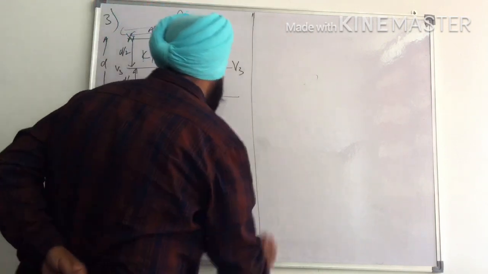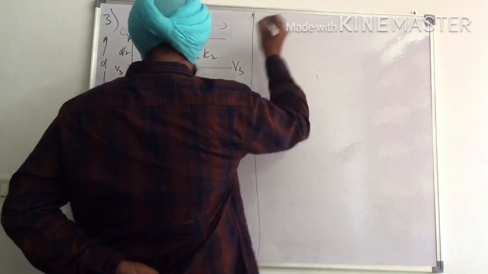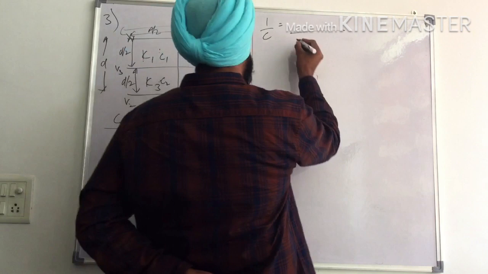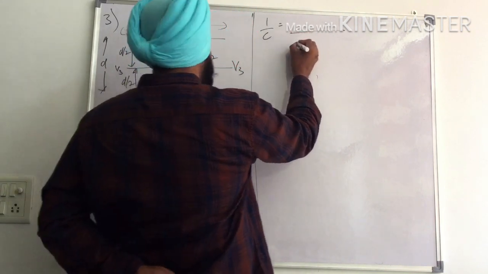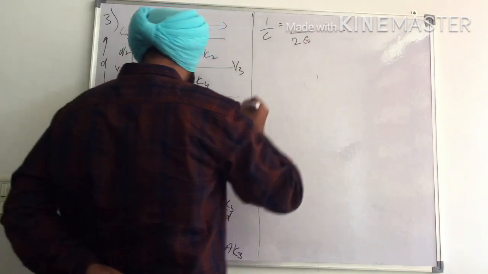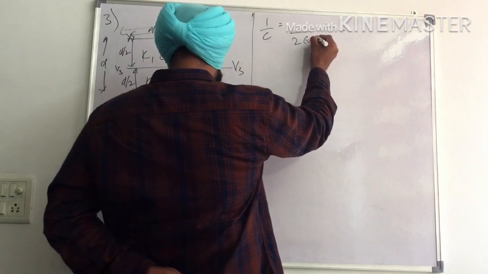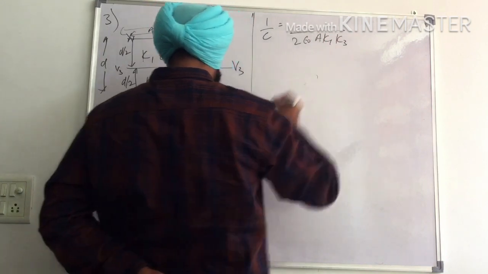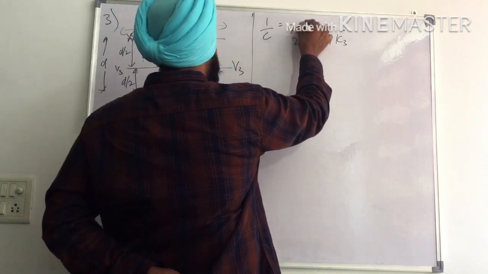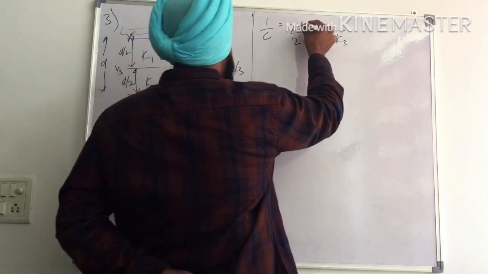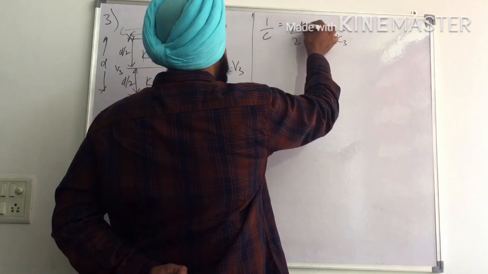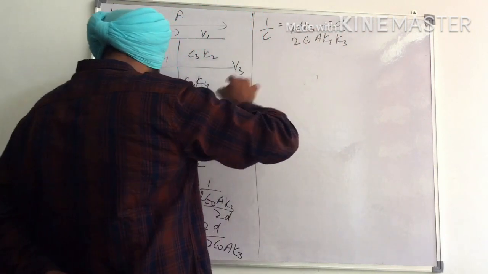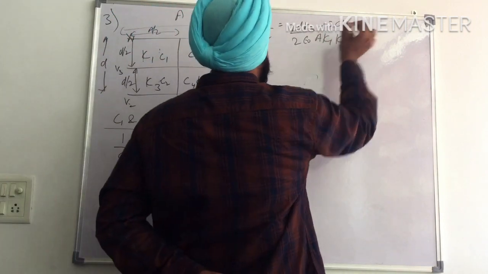So our net capacitance, before that I can take these values to epsilon naught A, K1 K3 in LCM. So it will be 2D K3 plus 2D K1.